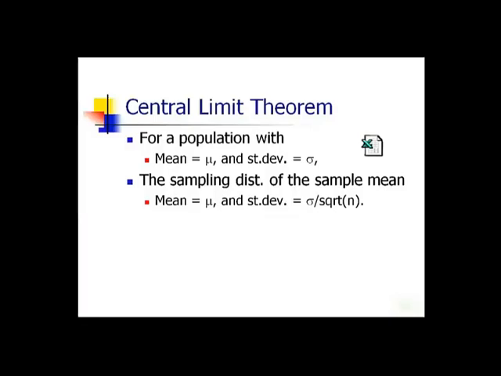Now these terms come out of some mathematics behind this distribution. We won't go into the math behind this, as the video didn't, but this is a result that comes out of the central limit theorem. It tells us something very important. It tells us where the center of this distribution falls and what the spread of this distribution is. So if we can get a handle on those two things, that can tell us a whole lot.